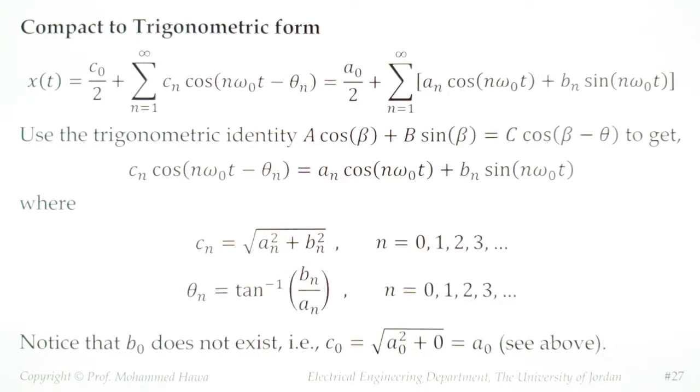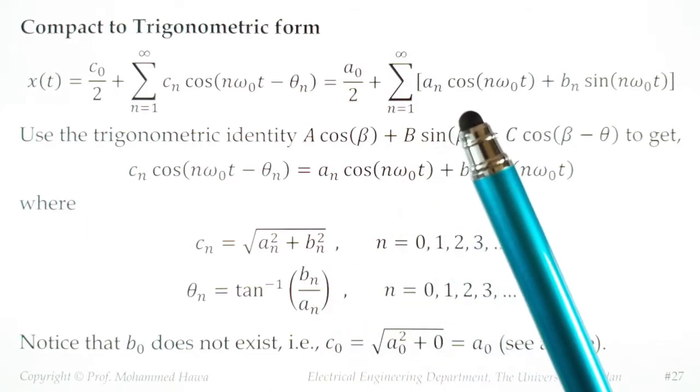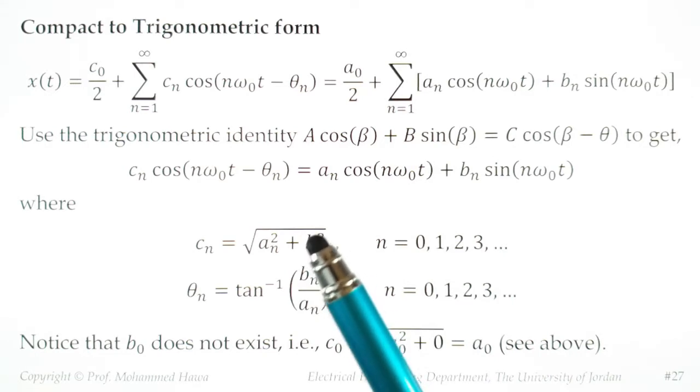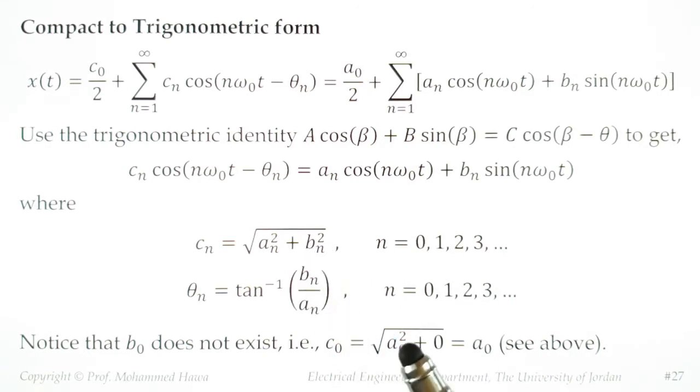It's called the trigonometric form because I use the trigonometric functions cosine and sine. However, please understand that I don't have anything here called b0. It's not defined here, b0, so I mean it's 0. If you put 0 here, what you're getting is the square root of a0 squared plus 0. That's c0, so c0 is the same as a0.